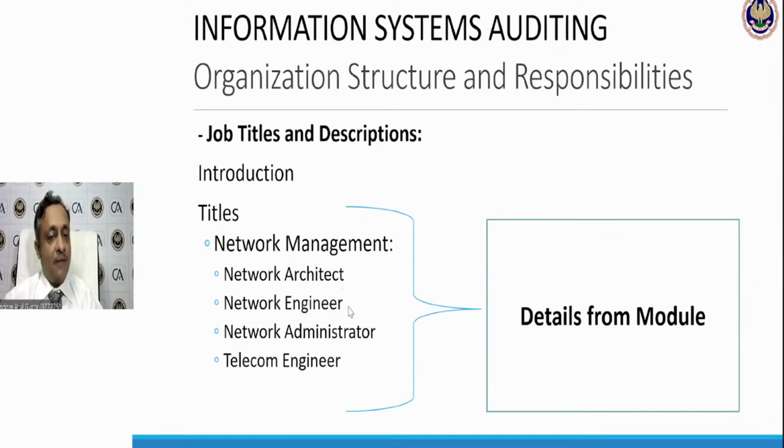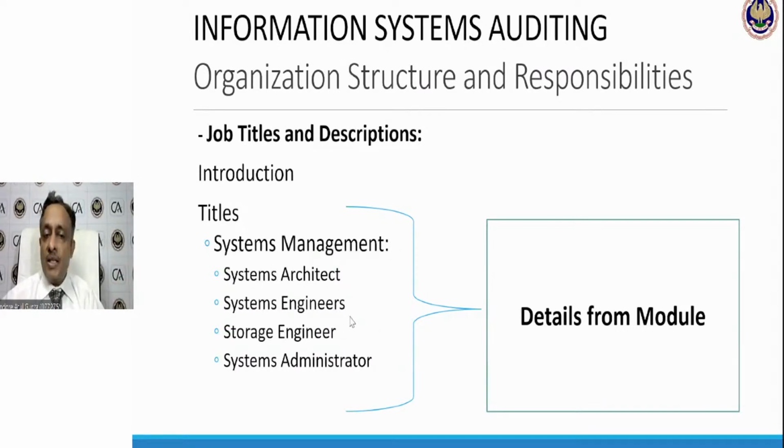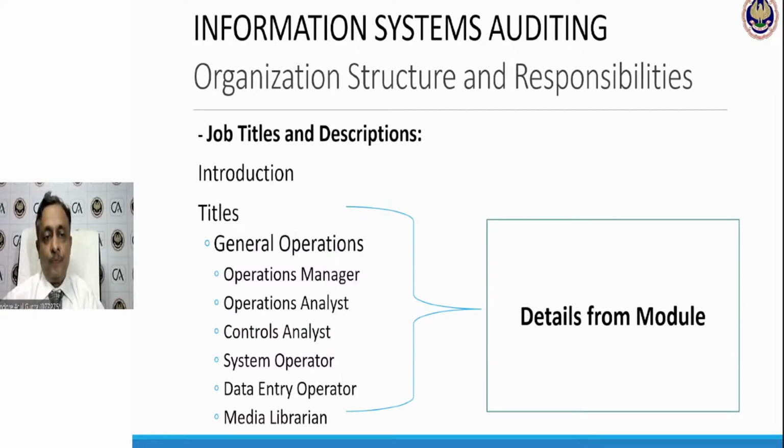Network architect, network engineer, network administrator, and telecom engineer. So these titles you can create. Please understand, all the titles, all the descriptions are general. Organization based on their requirement can create more or less, but this creates a general understanding. System architect, system engineers, storage engineers, system admins.